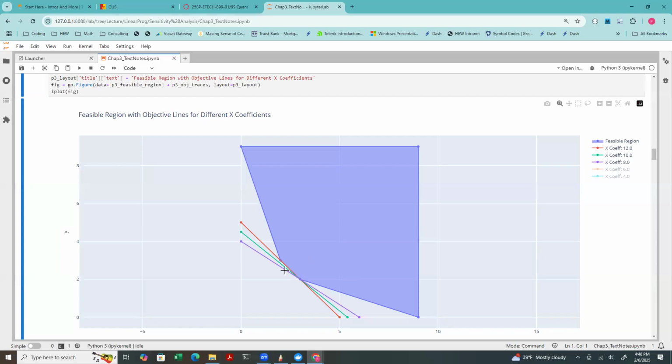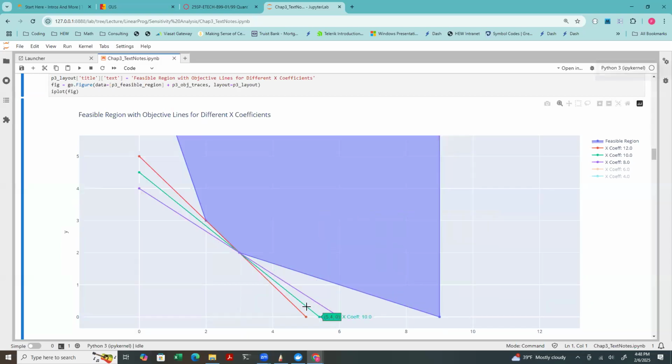And notice it stops when what? Well, it stops when the line segment associated with that new objective function is parallel to the constraint line segment there. And then I can also go the other way, right? If I go to 6, I go to 4, notice it's starting to rotate in the counterclockwise direction. And now instead of becoming parallel to this line segment on the feasible region, it is now parallel to this line segment of the feasible region.